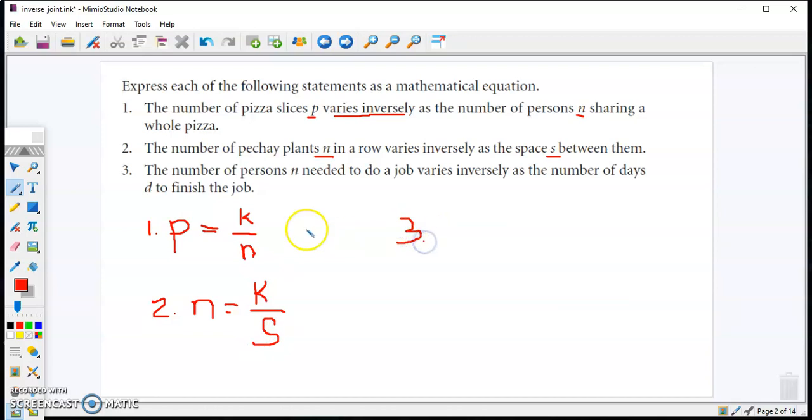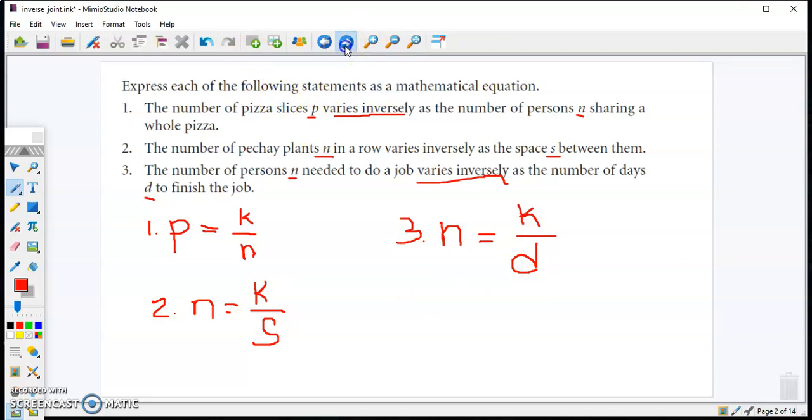So it is important that we know how to write the equation. The number of persons N needed to do a job varies inversely as the number of days D to finish the job. So meaning to say the number of persons N varies inversely. So you have your constant of variation, inversely, it varies inversely to the number of days. So we have your equation now.